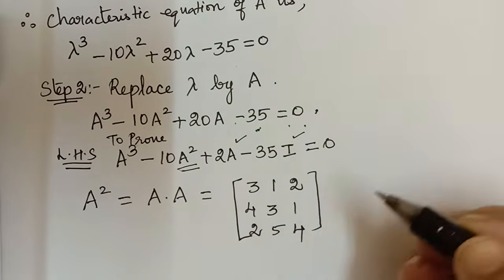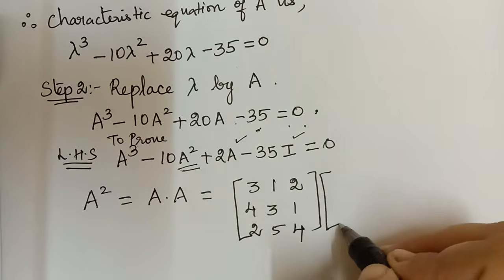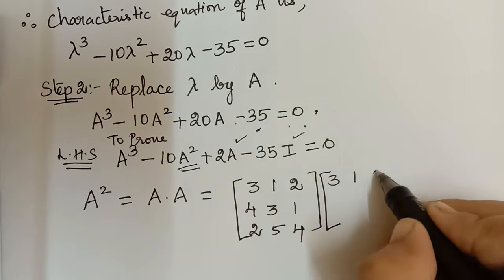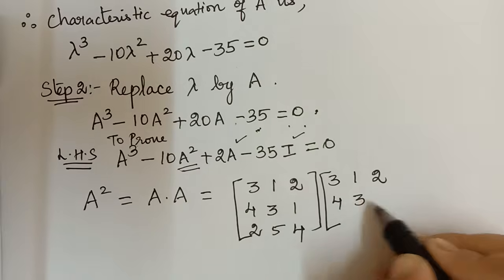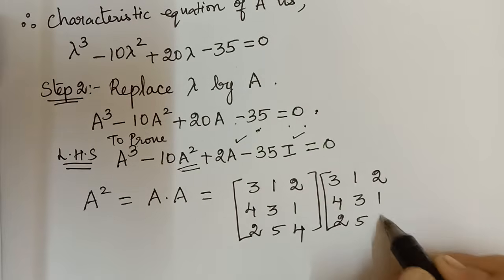Now this matrix has to be multiplied with itself. So 3 1 2, 4 3 1, 2 5 4.